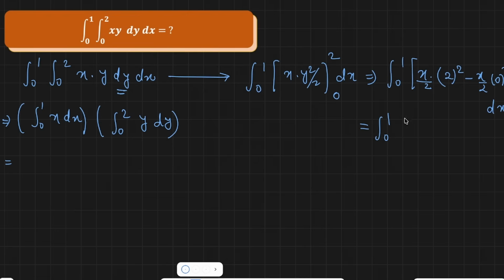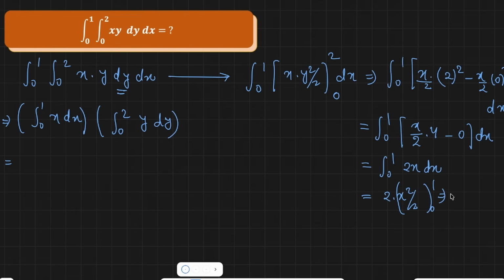So it is integral 0 to 1 of x by 2 into 4 minus 0 dx, which is nothing but integral 0 to 1 of 2x dx. Now you solve this, this will be 2 into x square by 2, limit from 0 to 1, so it will be 2 into 1 by 2, so the answer will be 1. If you solve it the other way, it is the same.